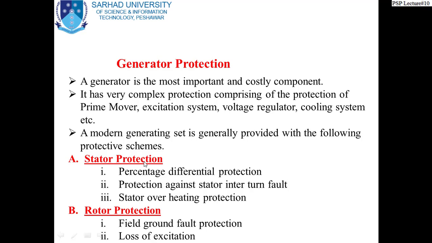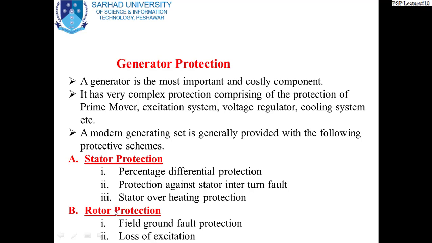So a modern generator set is generally provided with the following protective scheme. Number one is, of course, stator protection. The stator is the main component of the generator, so just note this point. It has percentage differential protection, protection against stator interturn fault, and number three, stator overheating protection.